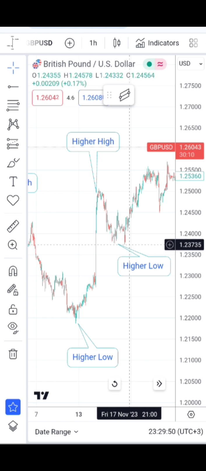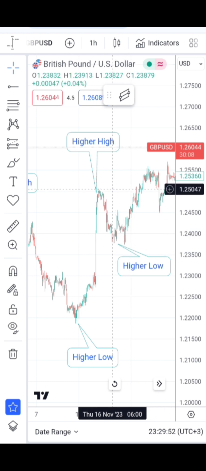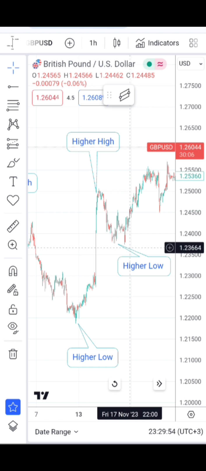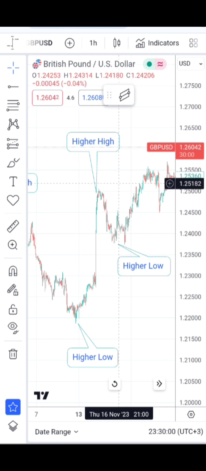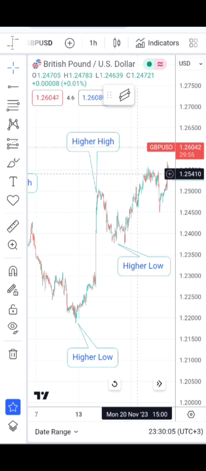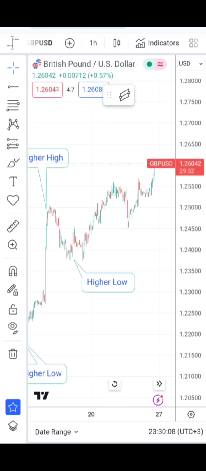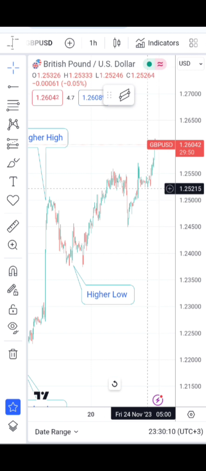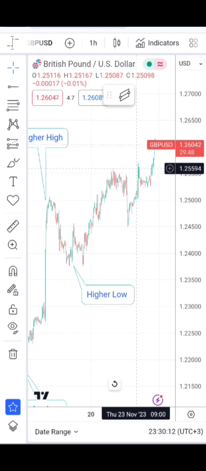So from this low here, this high, so from the 1.23728 low, the market broke through the high, which is the 1.25047 high, to create a new high around 1.25594.